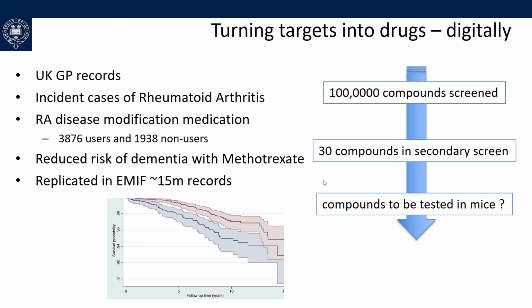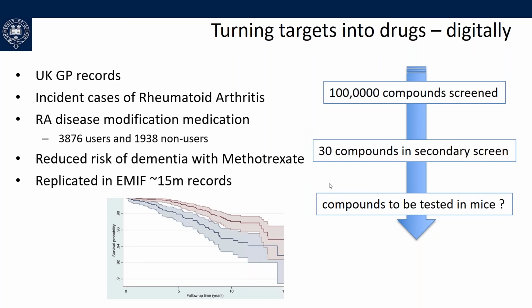And we did a proof of concept study entirely in silico from primary care data in the UK, and we replicated the result in silico, and then we've gone across Europe in more than 15 million people and again replicated that result. So we think we've made a substantial advance towards finding a drug for Alzheimer's disease.